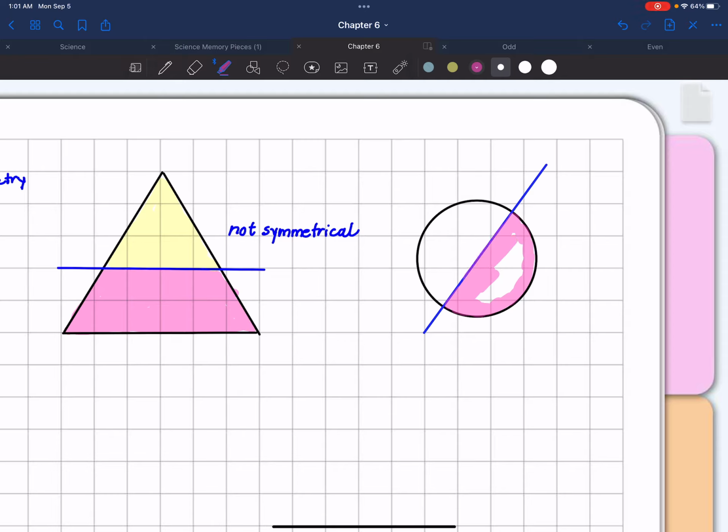Or are they different sized, different shaped regions? Is that yes for symmetry or no for not symmetrical? It is a yes. This is a line of symmetry. It's also the diameter of a circle.